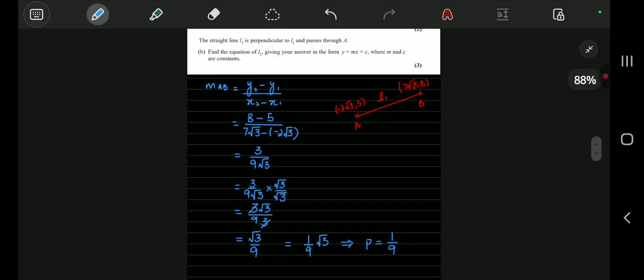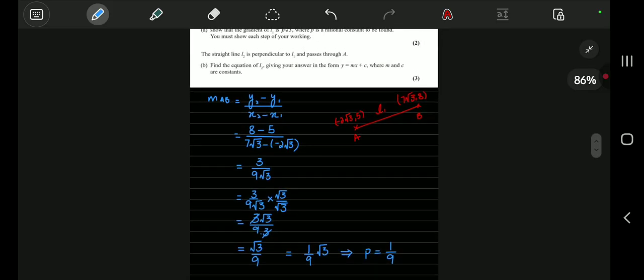Now let's get back to the question part B. The straight line L2 is perpendicular to L1 and passes through A. Find the equation of L2 giving your answer in the form y equals mx plus c, where m and c are constants. So what are they telling us?